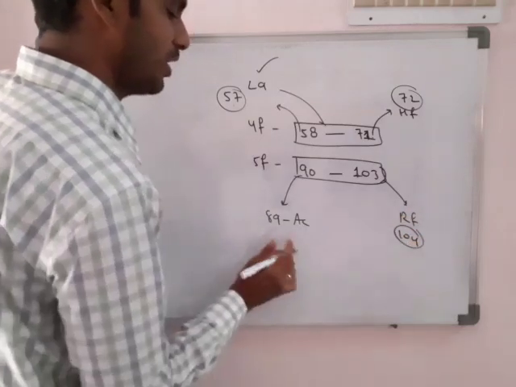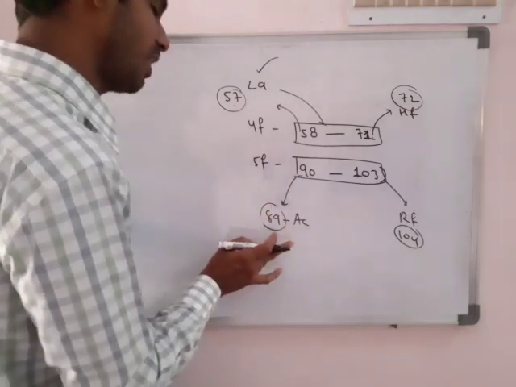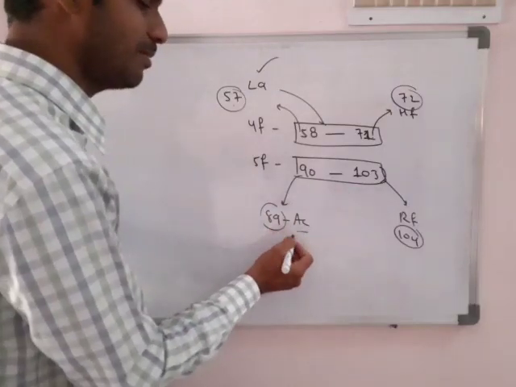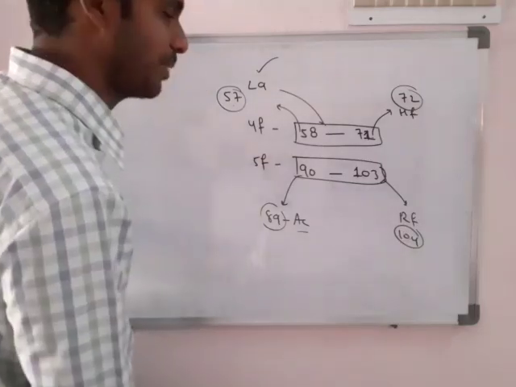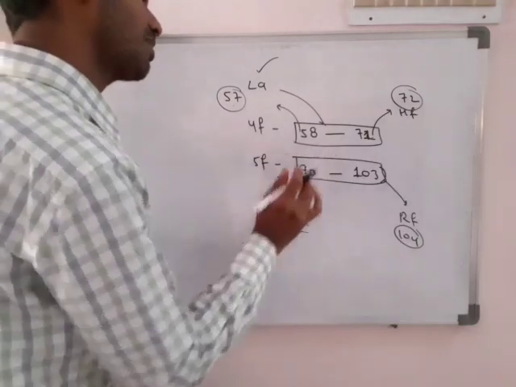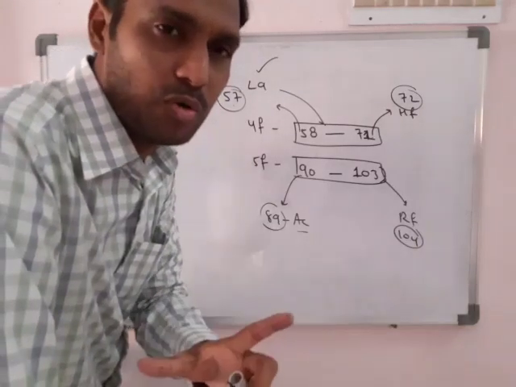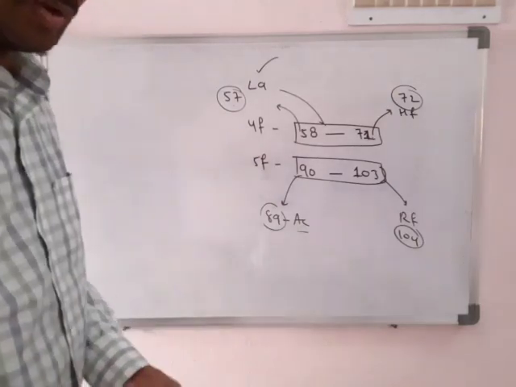So they are in the middle of 89 and 104. These atomic numbers, 90 to 103, lie between 89 and 104. Here actinium is a D block transition element, and rutherfordium is also a D block transition element. That's why they are also treated as inner transition elements. So F block elements are also called inner transition elements.